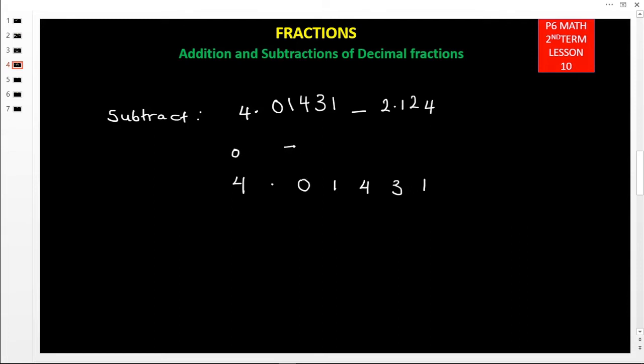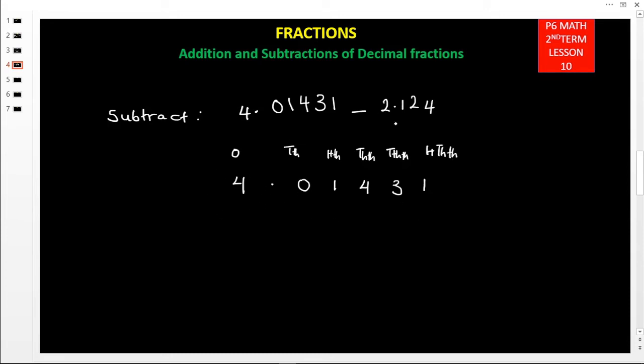This one is under tenths, this one under hundredths, this one under thousandths, then ten-thousandths, then hundred-thousandths. Let me make this one clear: hundred-thousandths.